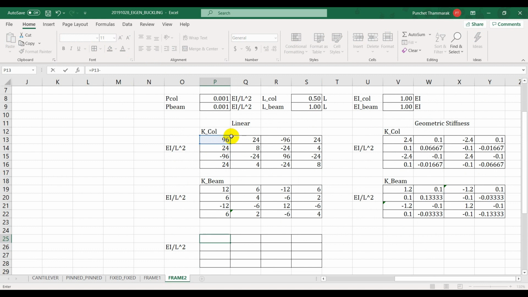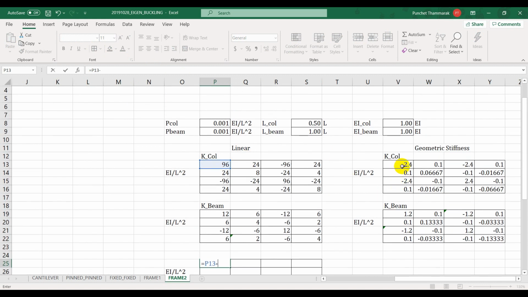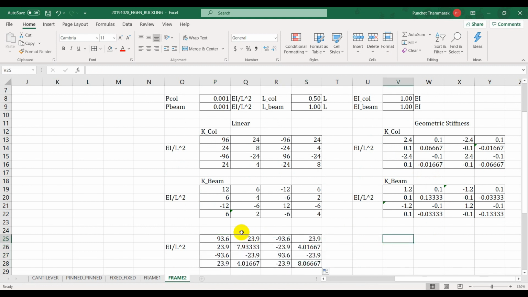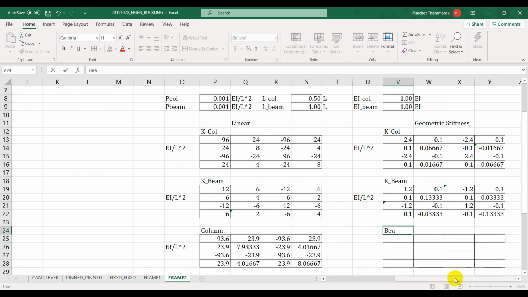Oh, you got to minus because your P is the positive value. Compression is a positive value. Okay, so that's for the column, and we have the stiffness matrix for the beam. The beam is equals to this, not add up, minus this part as well.